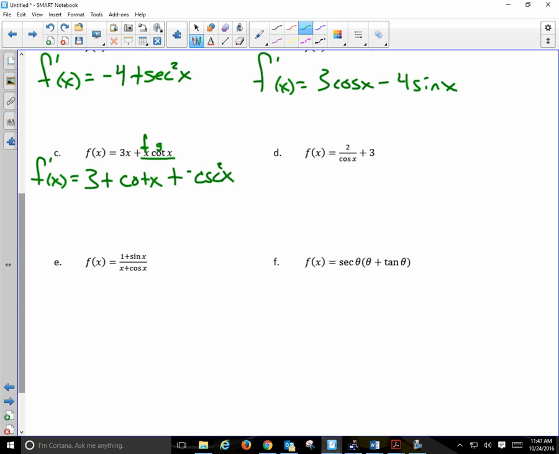Negative cosecant squared times F. Yes, derivative of cotangent is negative cosecant squared. So as I rewrite this, I'll rewrite it as 3 plus the cotangent of x minus x cosecant squared of x.